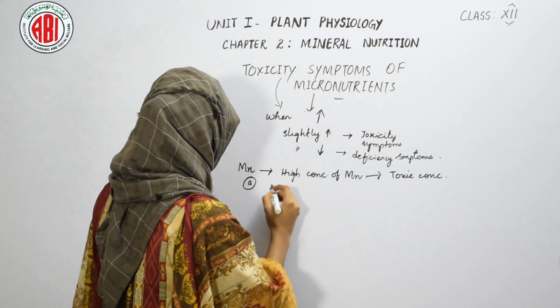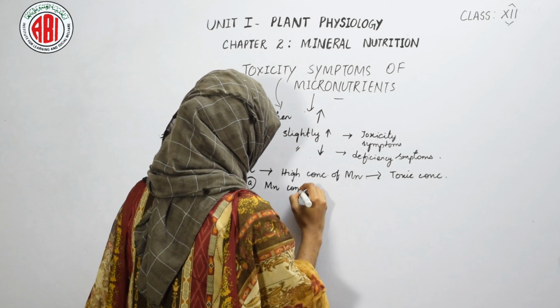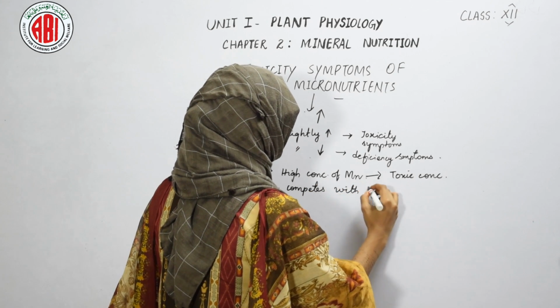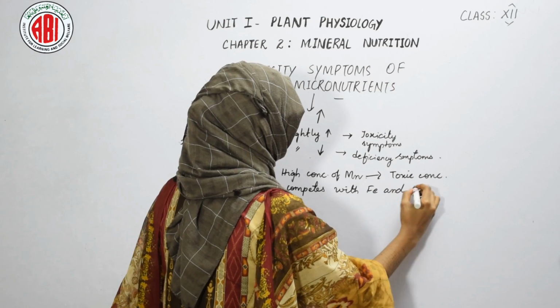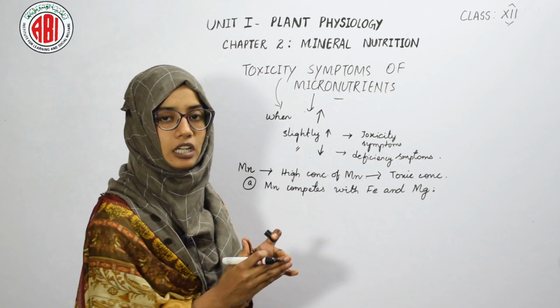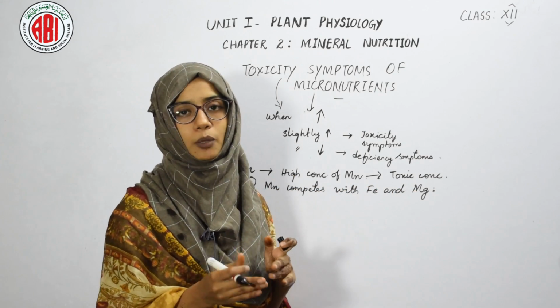The first thing is, when manganese is present in a higher concentration, it competes with the other elements like iron and magnesium. The higher concentration of manganese makes it compete with iron and magnesium in the uptake process.